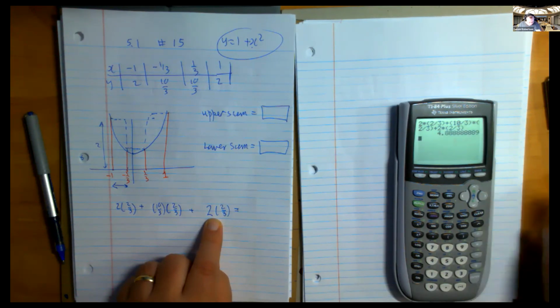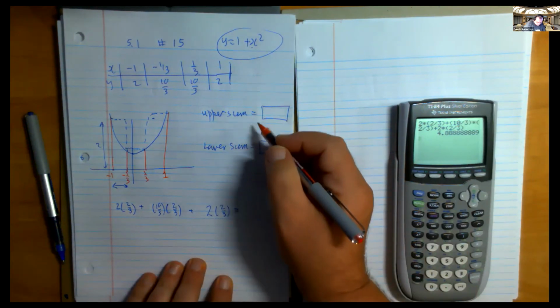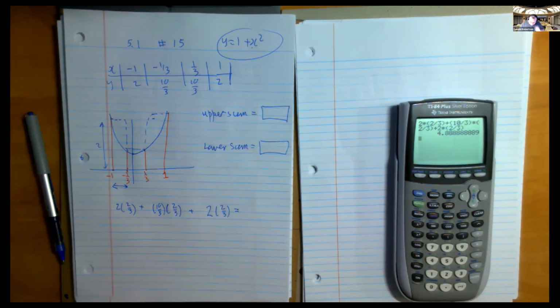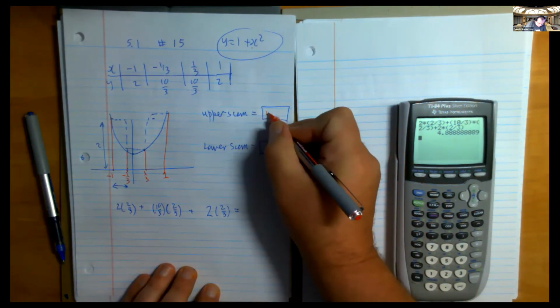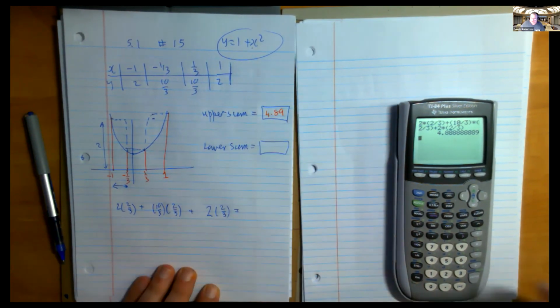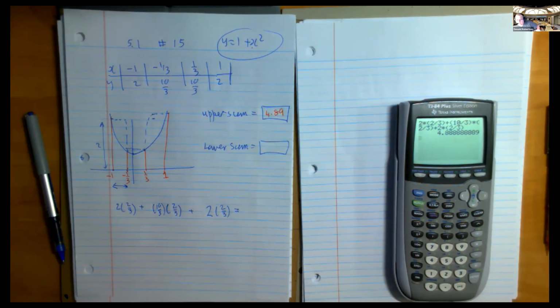And I have an answer of 4.89, I guess, to 2 decimal places. I can't remember if they wanted 2 or 3, but that's what I have. And you see, that would be my upper sum.